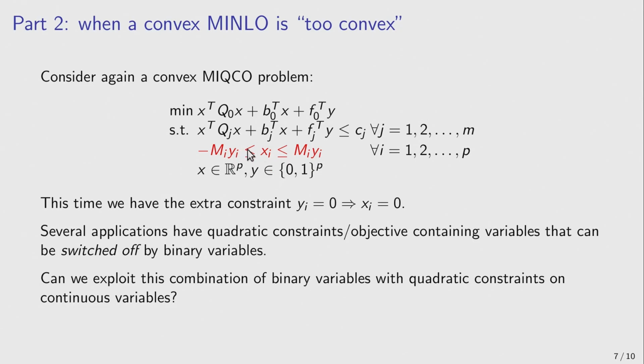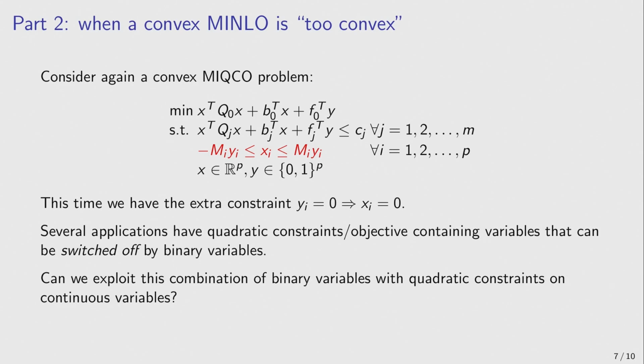In other words, xi is equal to 0 when yi is equal to 0, and it's bounded between negative big M i and positive big M i whenever yi is equal to 1. This is a technique that you all know. We actually looked at it in this course, but you probably already knew what the big M constraint is.